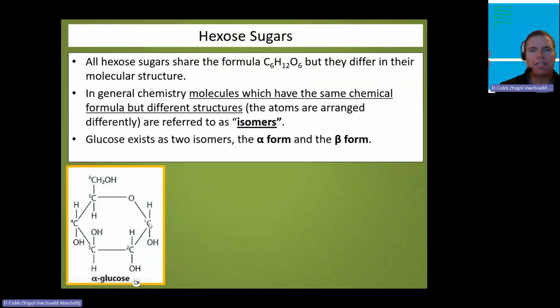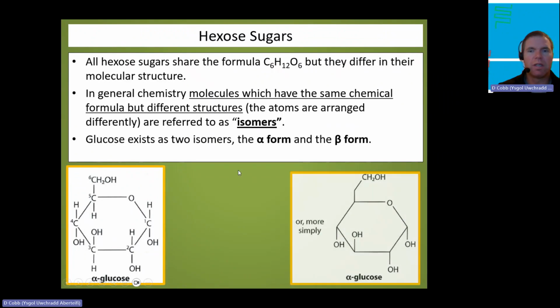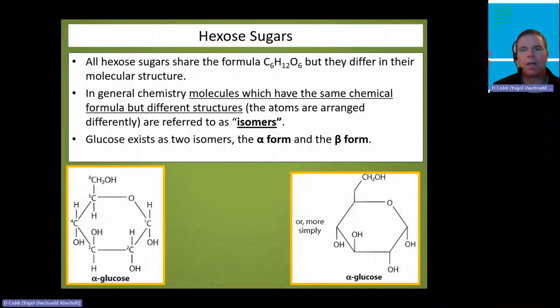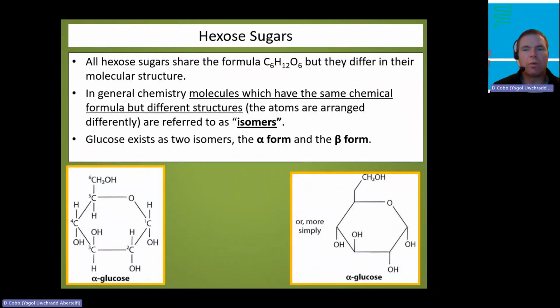It is a little bit odd, this structure. You see this ring structure of carbons, well, it's largely carbons, but there's an oxygen in the top right corner. This is not our normal molecule that we think of, but this is your standard structure when it comes to hexose sugars. We have to be comfortable with representing these molecules in a more simple manner.